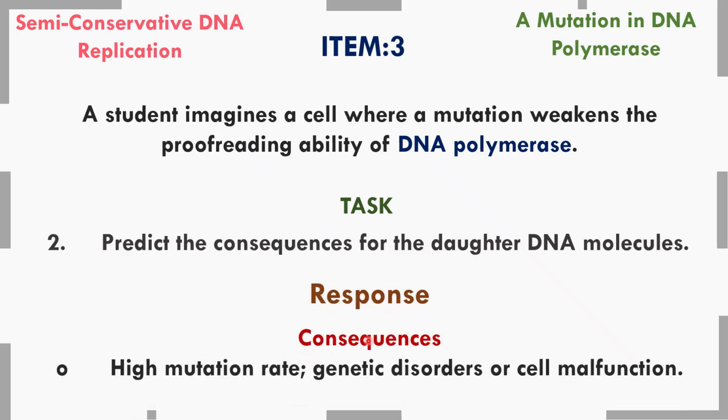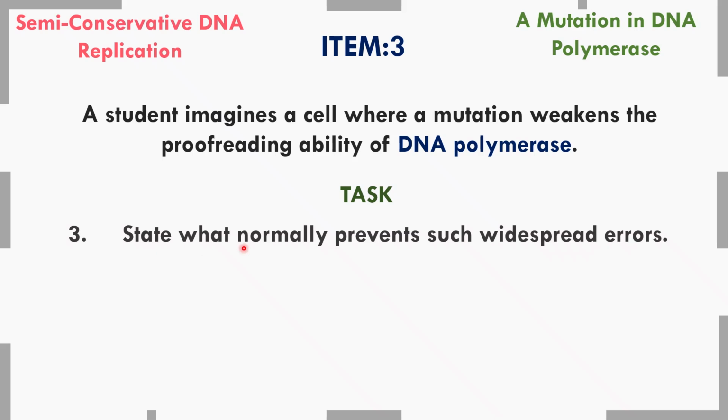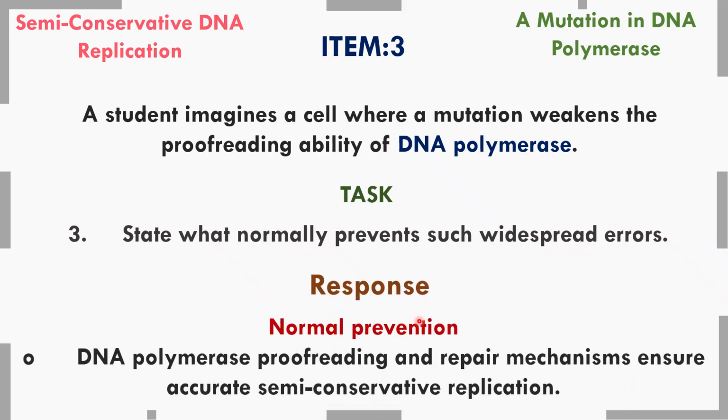The consequences are a high mutation rate, genetic disorders, or cell malfunction. State what normally prevents such widespread error. Normal prevention, DNA polymerase proofreading and repair mechanism ensures accurate semi-conservative replication.